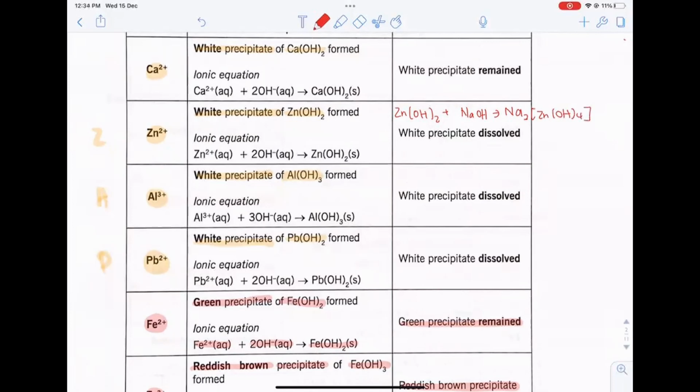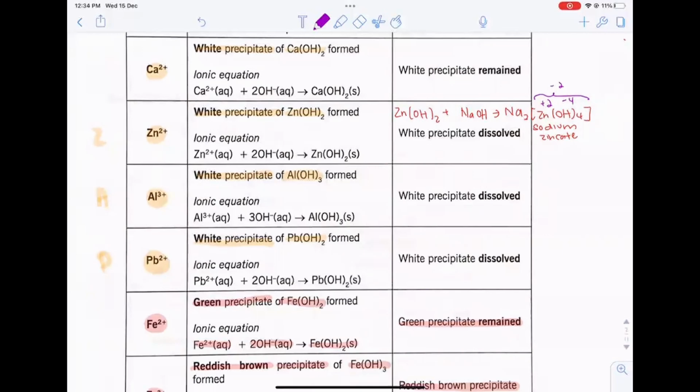So how did we even come to have this sodium zincate? Let's take a look at the charges. Zn has a +2 charge. OH has a -1 charge. Over here, there are 4 OH, so overall they have a -4 charge. So overall, it will have a -2 charge.